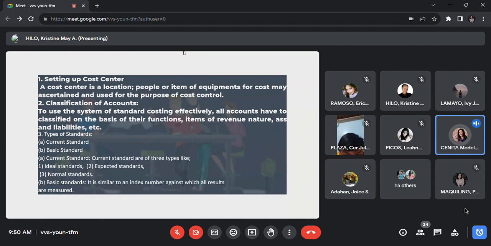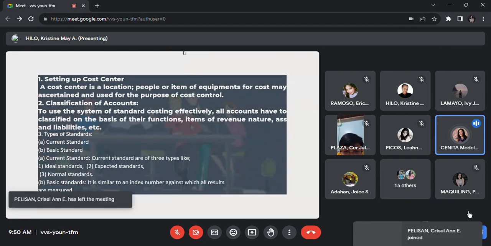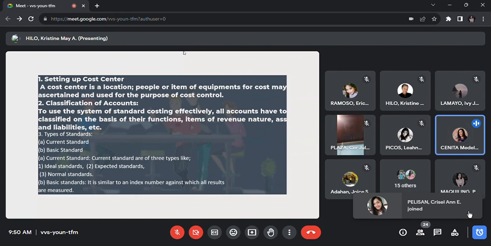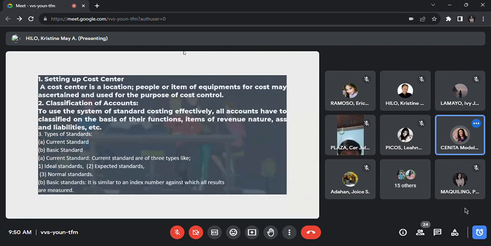Current standard is of three types: first, ideal standard; second, expected standard; third, normal standard. And basic standard is similar to an index number against which all results are measured. Next slide po.